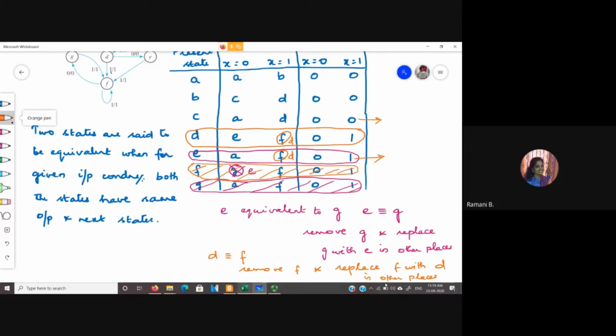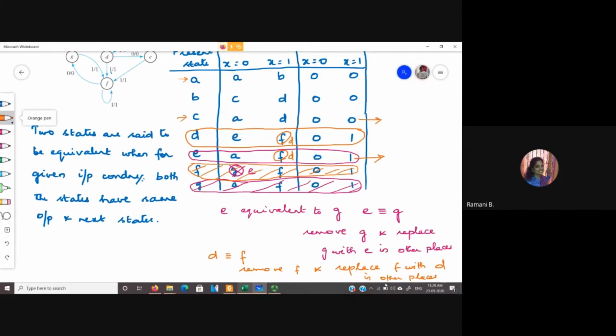Comparing A and C, both states have the same output value, and the next state is the same for x equal to 0. However, it is different for x equal to 1. So you can say that if B and D are equivalent states, then these can be equivalent.